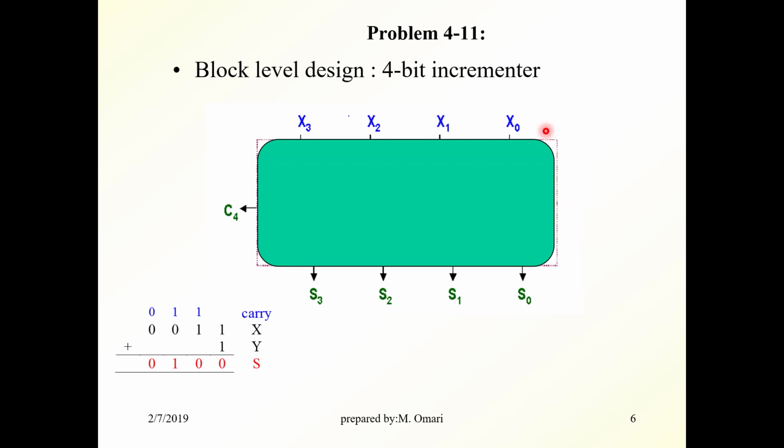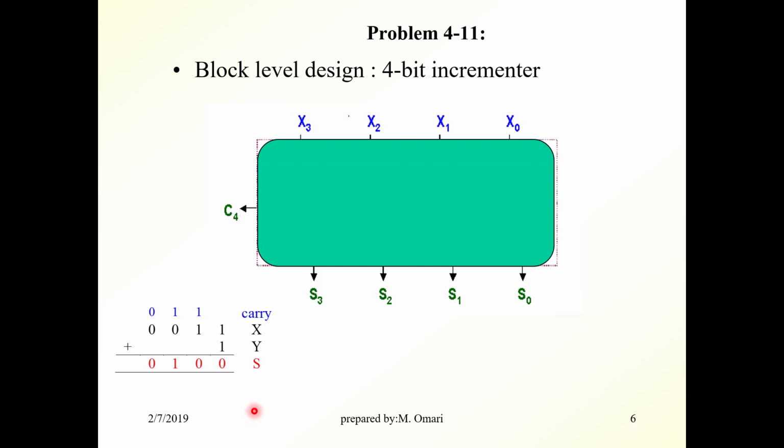So the input is 4 bits and the output is incremented by 1. Okay, if the input X had a value 0, 0, 1, 1, then the output S will have a value 0, 1, 0, 0 because the device added 1 to the input.